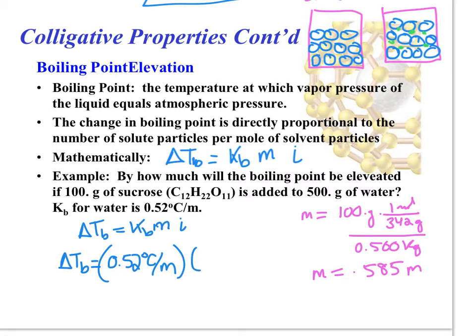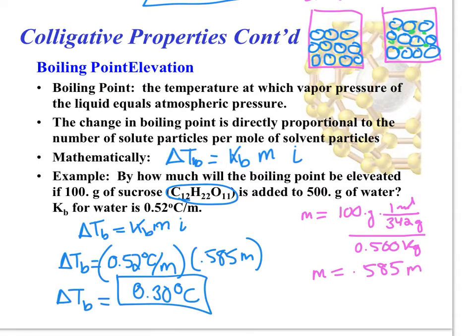So that's my K, then I have 0.585 molal. And my i I don't worry about if it's covalent, which in this case it is covalent. So my delta T_b is going to be equal to 0.30 Celsius. So what does that mean? That means that my boiling point elevates by 0.30 Celsius.